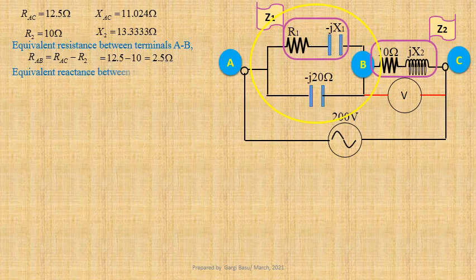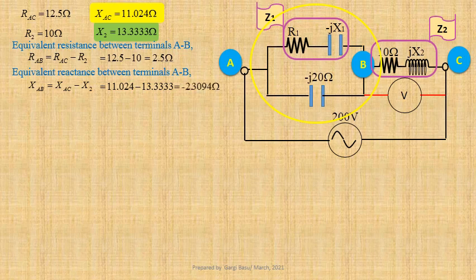Equivalent reactance between terminals A and B, XAB equals XAC minus X2, that is 11.024 minus 13.3333, that gives us minus 2.3094 ohm. Here negative sign indicates the equivalent reactance is capacitive in nature.